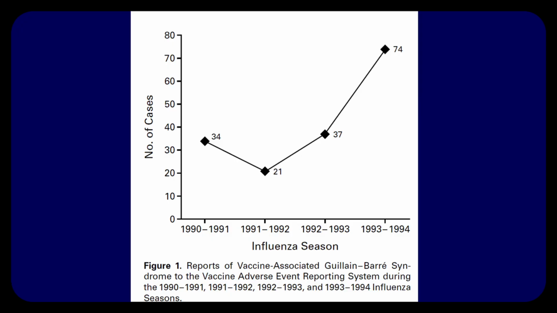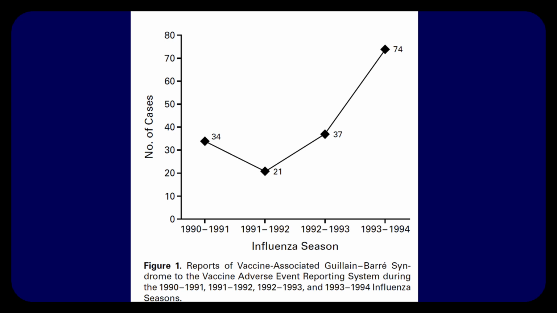And looking at the VAERS data, this is a graph showing the number of Guillain-Barré syndrome cases that were reported to VAERS over time. And you can see, starting in the 1991 and 1992 flu season, the cases nearly doubled year over year after that. And so the question was, what's going on here with Guillain-Barré syndrome following vaccination?